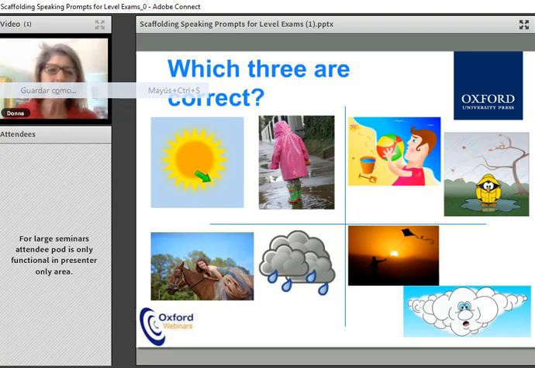The thing is, here we have the sun and a girl in a raincoat. Then here we have a horse with rain clouds. And here we have someone at the beach and it's raining. Here we have someone flying a kite and there's wind blowing. So don't worry about it. It wasn't well explained. So now, there are 3 groups of 2 pictures that are correct.